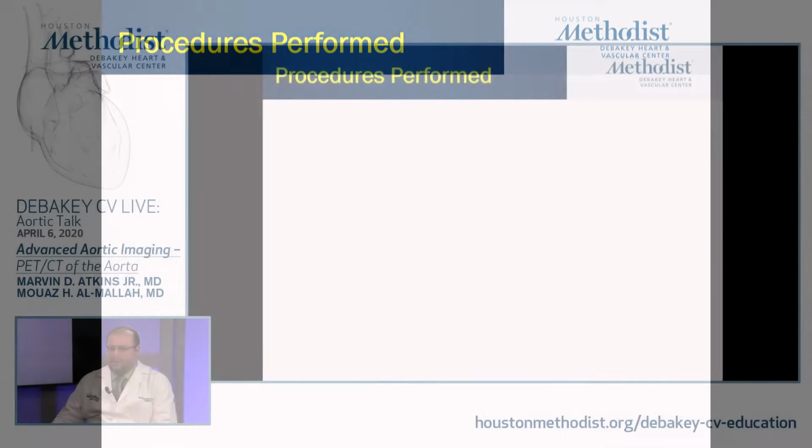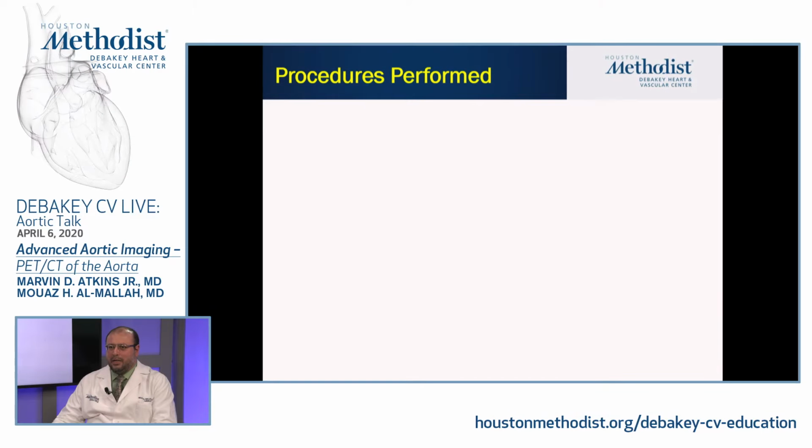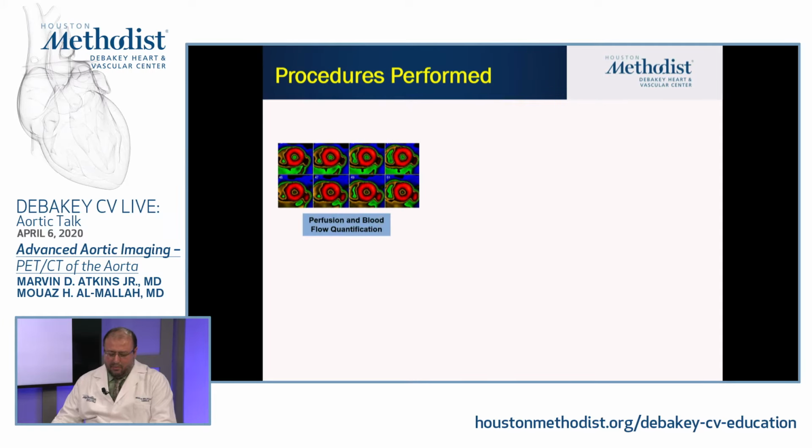Just for those who don't perform cardiac PET or cardiovascular PET, we'll show you what is on our menu. We do perfusion imaging, which is a huge topic in itself so we will not cover it today, but in short it allows us to image whether there is a problem in the coronary arteries and whether it is macrovascular or microvascular.